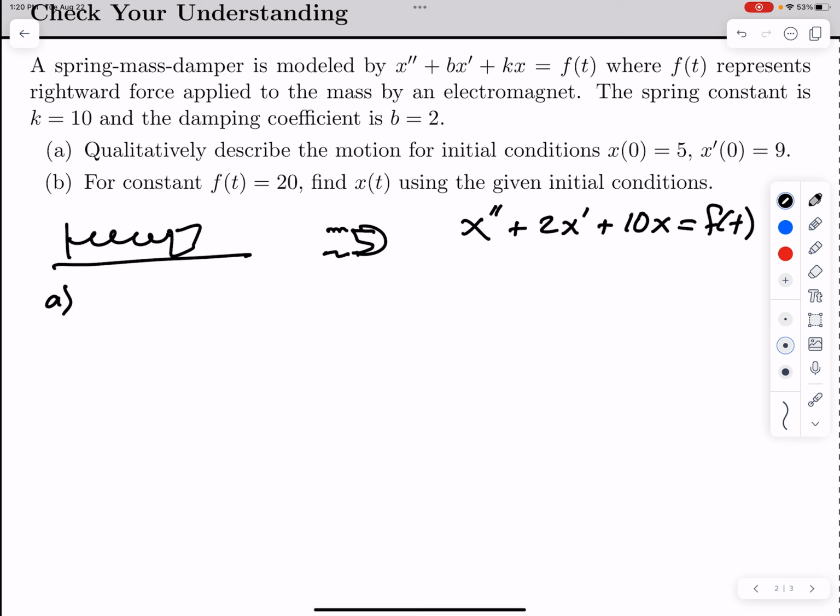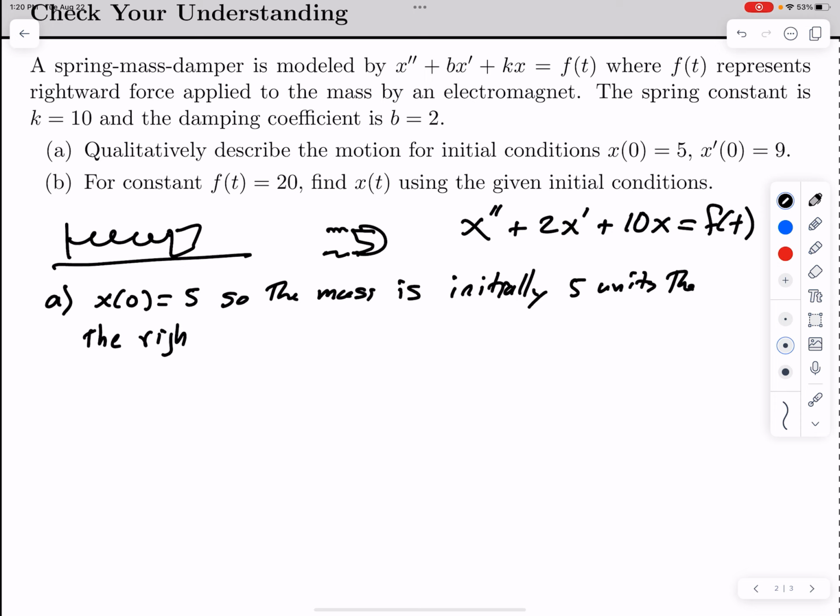Part A. It looks like x of 0 equals 5, so the mass is initially 5 units to the right with a velocity of 9 meters per second to the right.